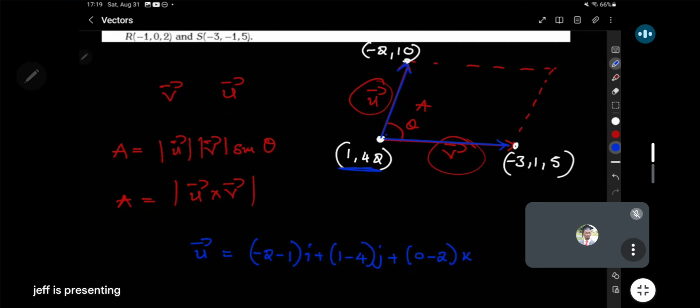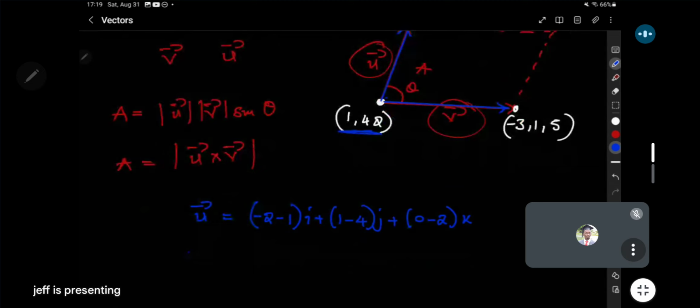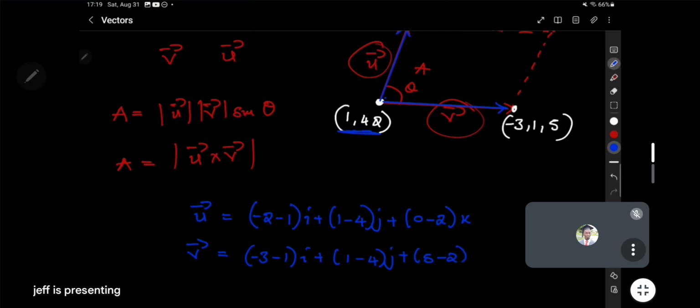So this is how it's going to go. So now my vector v is going to be -3 minus 1, i, plus, next we're going to have 1 minus 4, j, and finally 5 minus 2, k.